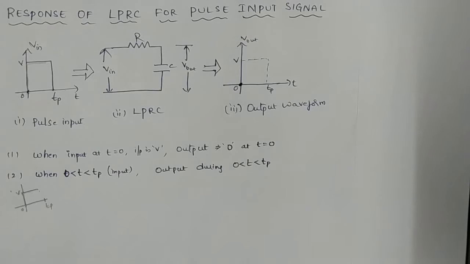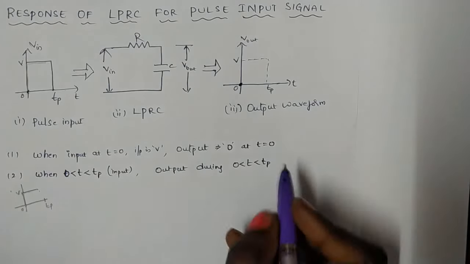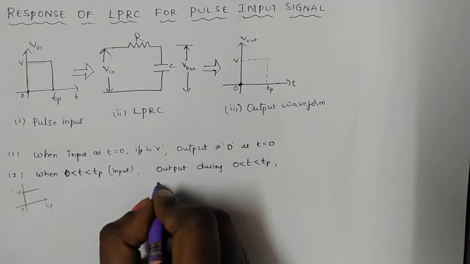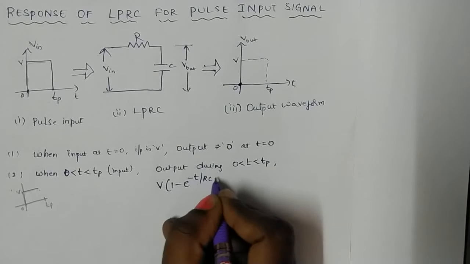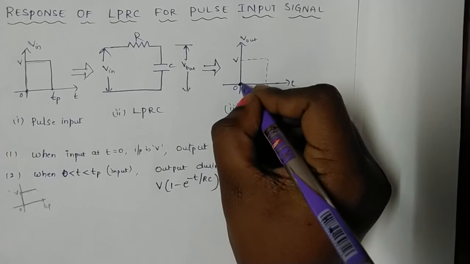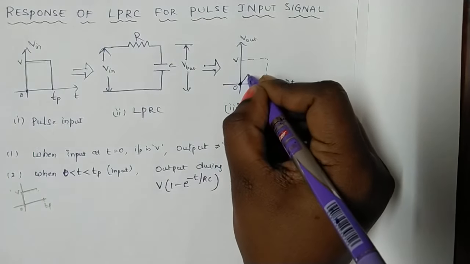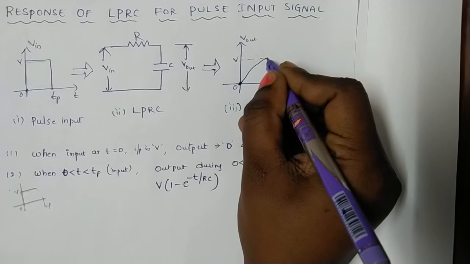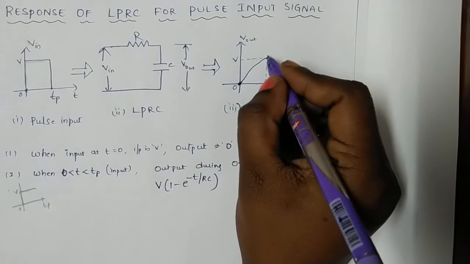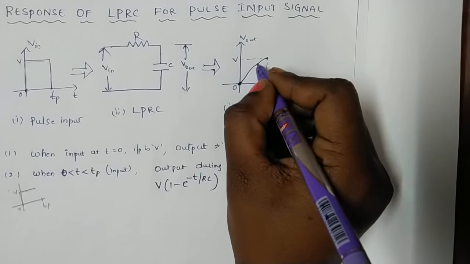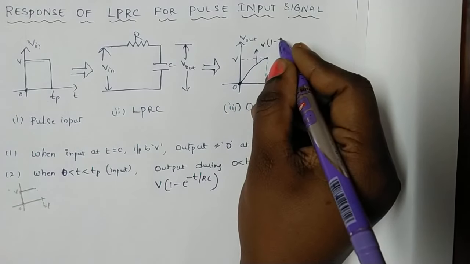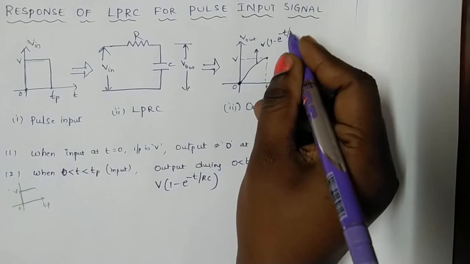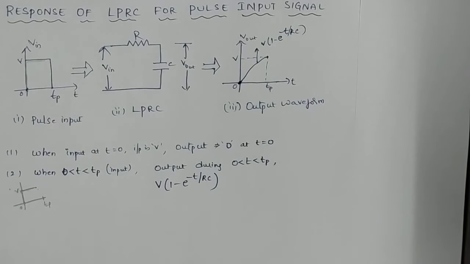We know the output expression: V into 1 minus e power of minus t by RC. That means it will slowly increase from 0 to V volts. This is the condition.